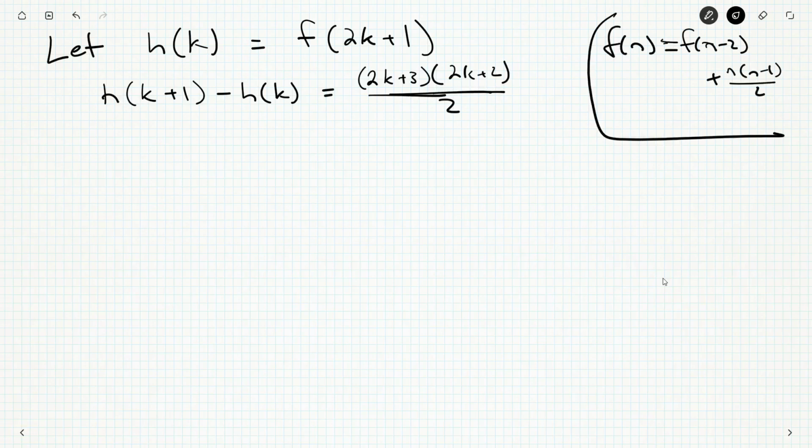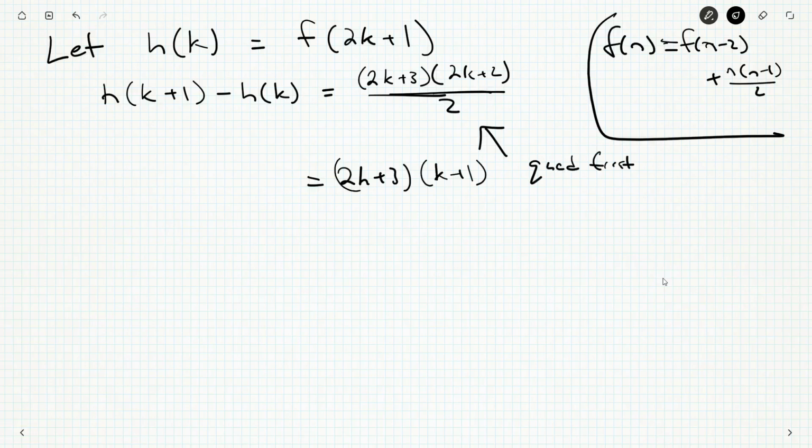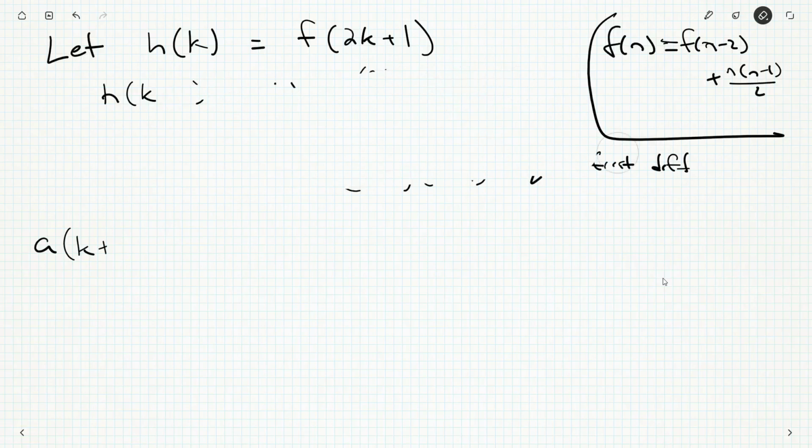I like that, and that's a recursion that works regardless of whether n is even or odd. But once again, we have a quadratic first difference. So once again, I should be able to get a cubic equation here. So a of k plus 1 cubed. I'm going to do this the same way I did g of k.